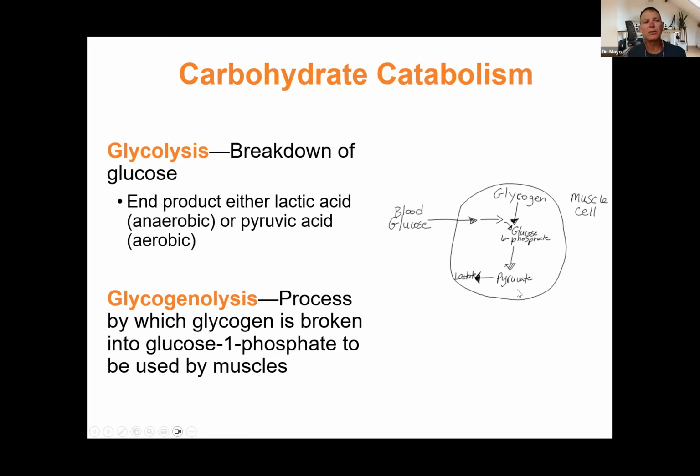Ultimately, what we want to do is break that down aerobically. If we're going aerobically and intensity is lighter, which we'll get to maybe next class, eventually we're going to break these 2 3-carbon structures to 2 2-carbon structures, and then 2 1-carbon structures.